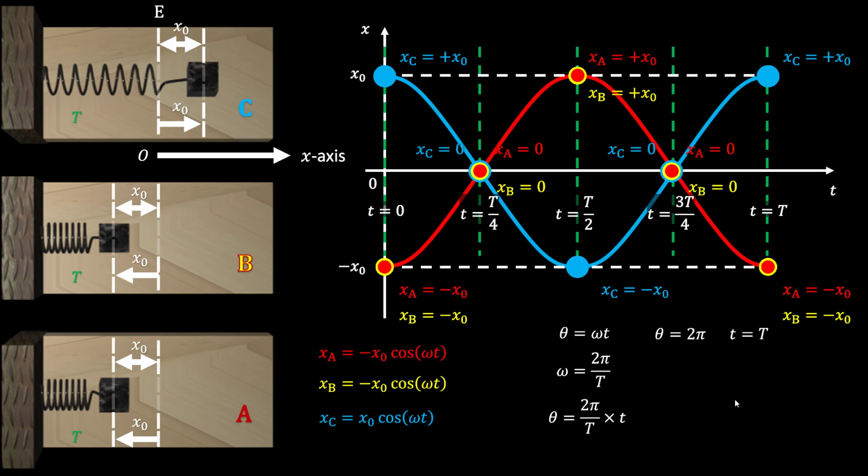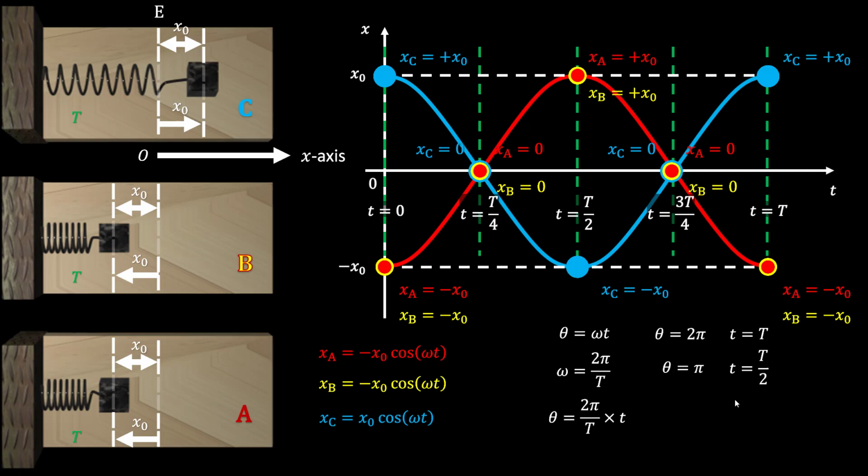For example, if theta is equal to pi, then t is equal to half capital T or half time period. So, an interval of time of half time period is equivalent to an angle of pi.